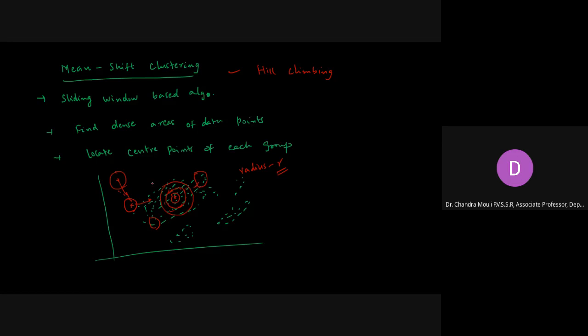That means convergence has been reached. So for this data, you can have a dense region here, and for this another dense region here, and these other points can be eliminated because they don't make any dense region. This is how mean shift clustering works.